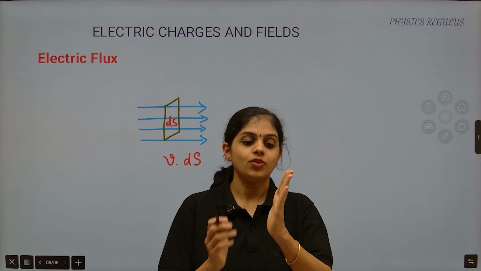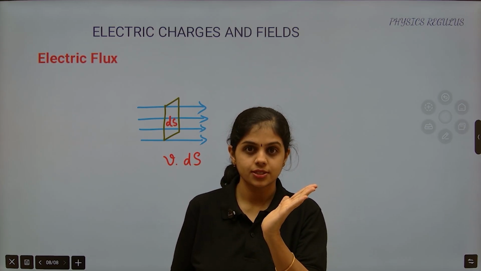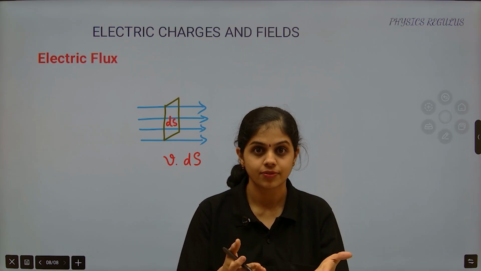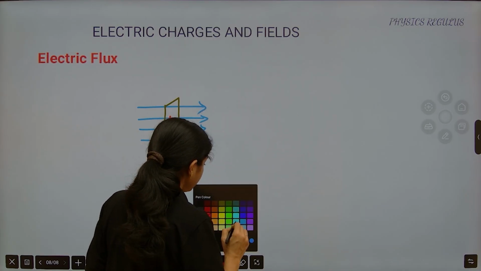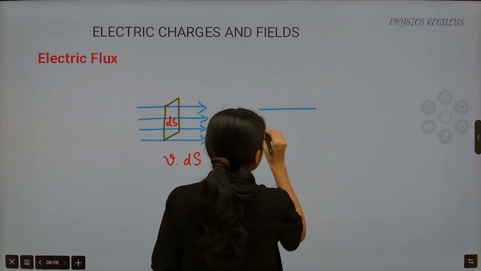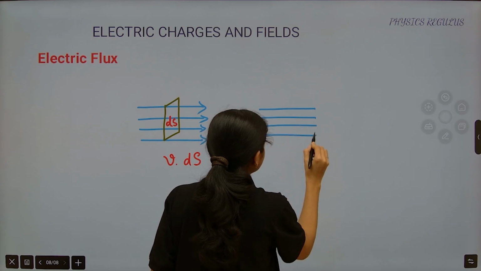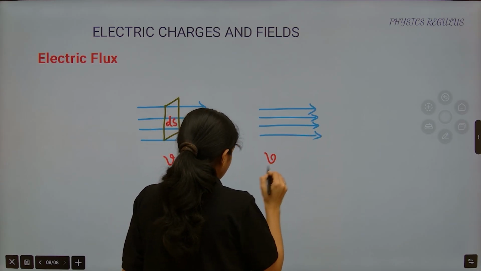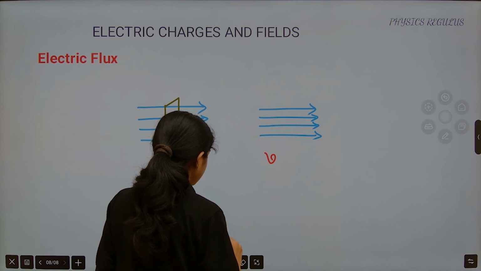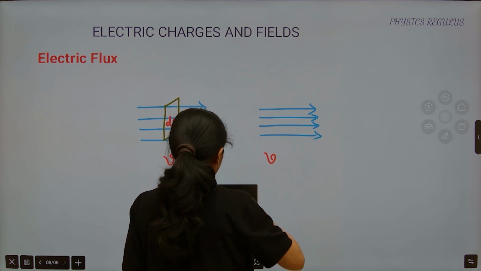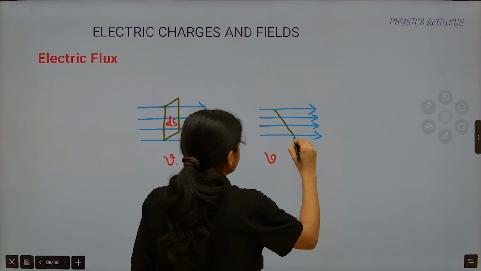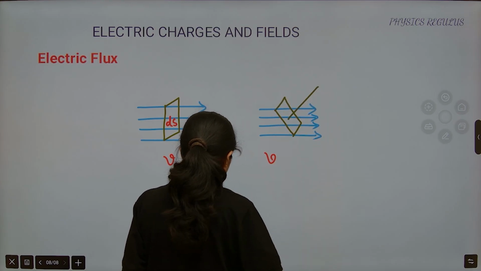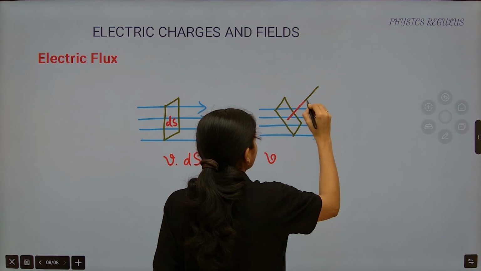Now, if we change the orientation of the surface, rate of flow of water through the given surface will change. Let me draw one more diagram. Imagine water is flowing with velocity v. Now, the surface is tilted so that the surface normal makes some angle theta with the direction of flow of water.